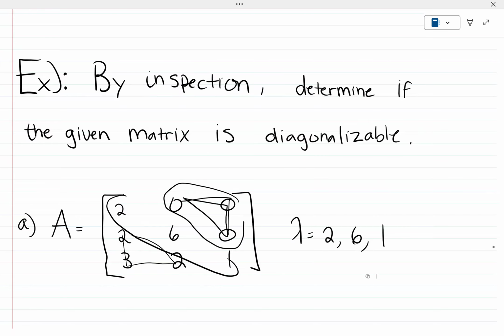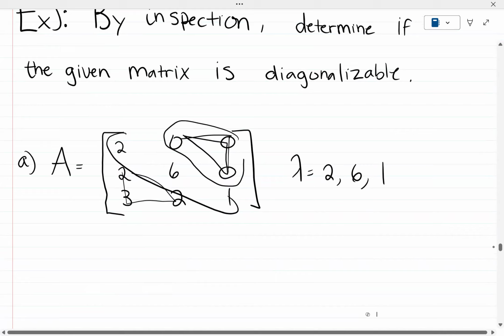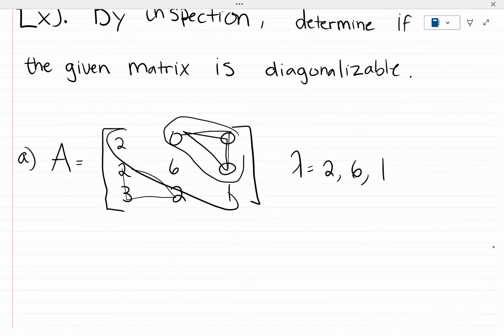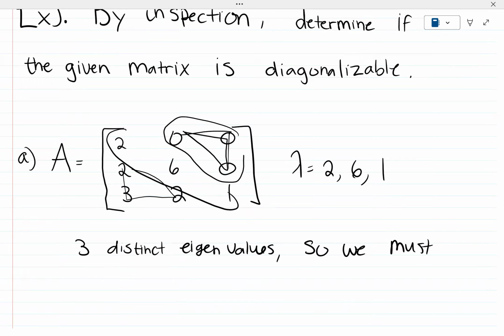This was an easy one. I wish all our problems were diagonalizable. That'd be easy, but they're not. So we have three distinct eigenvalues, so we must have three distinct eigenvectors.